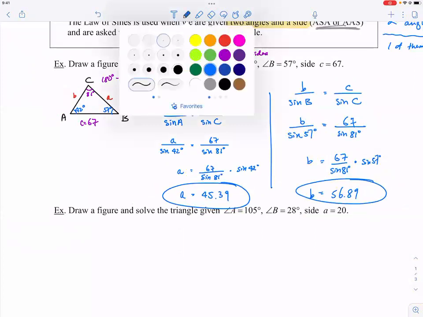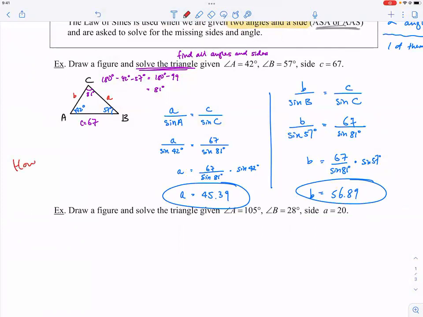The question I would like to pose here is how to know if the answer makes sense. Well, as we said in the very beginning of the class, what you learned back in geometry is that the bigger the angle, the longer the side.